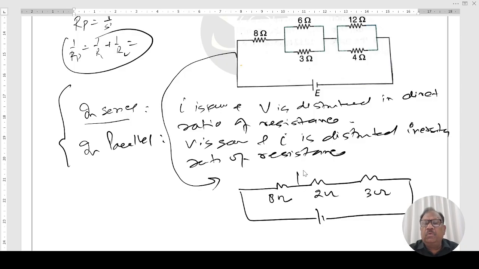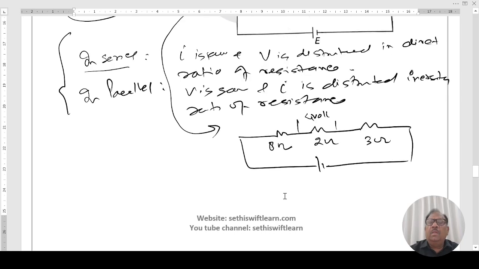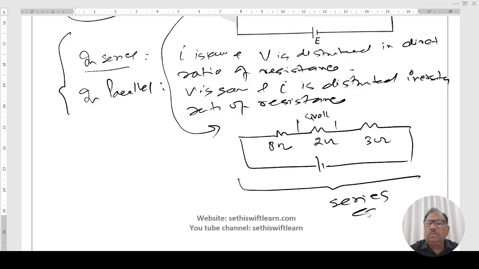What is across this is given to you, 4 volt. Now, according to this concept, this is a series combination of 3 resistances. In this case, I will be the same and V will be distributed in direct ratio of resistance.